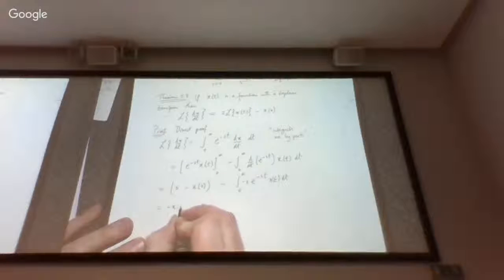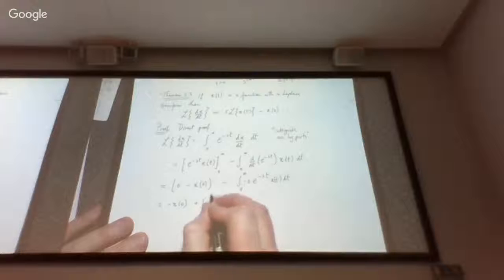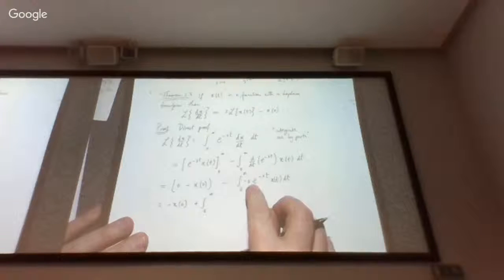We've got minus x of 0 here. We've got two minus signs. We've got a plus sign.